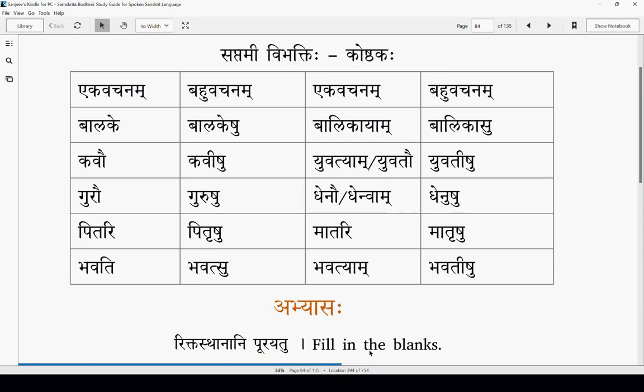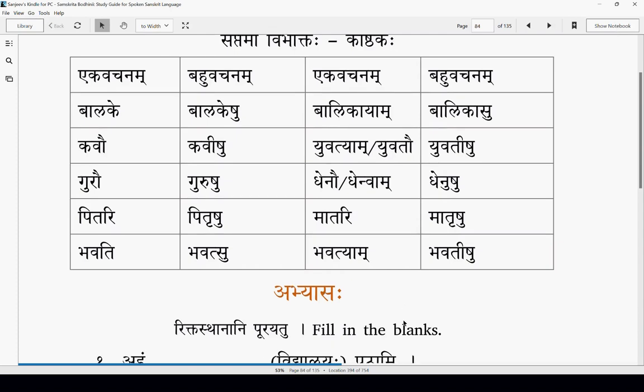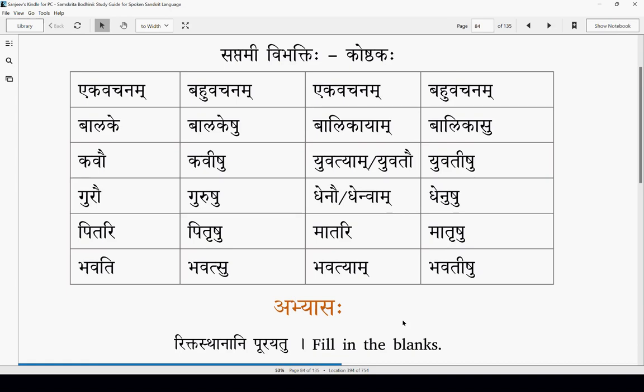Kalidasa is great among poets. This is like a comparison, right? You are saying that within that group, somebody is great, somebody is best. Kavishu Kalidasah Uttamah, or Kavyeshu Ramayanam Shreshtham. In those senses also, Saptami Vibhakti is used.